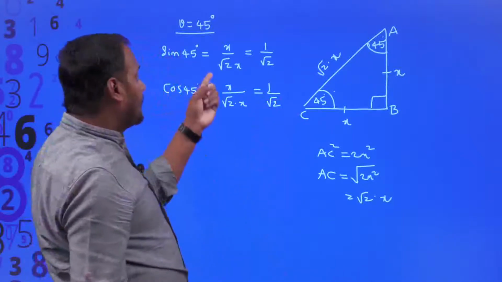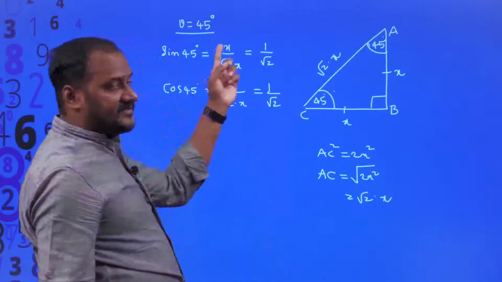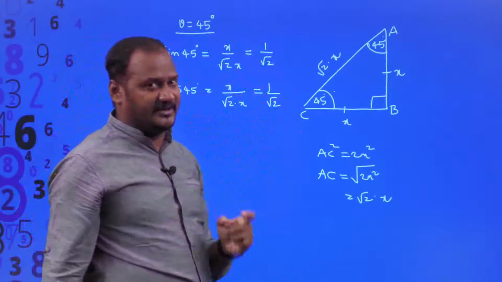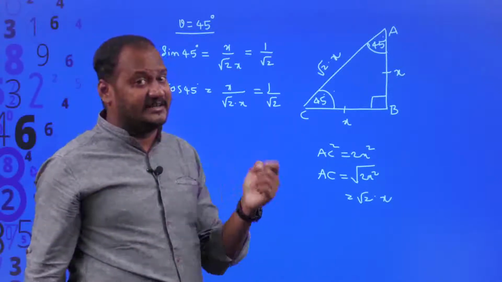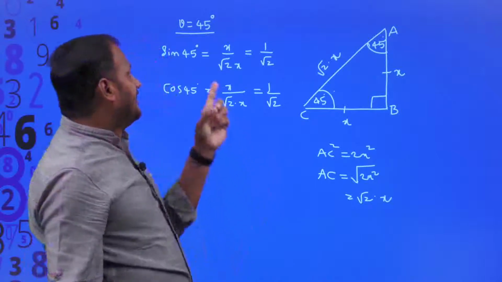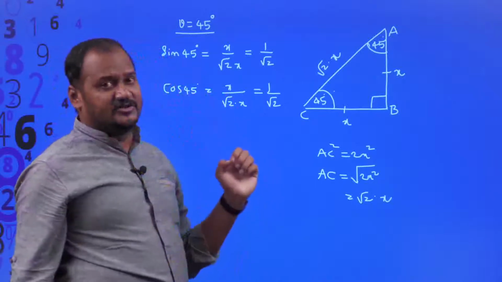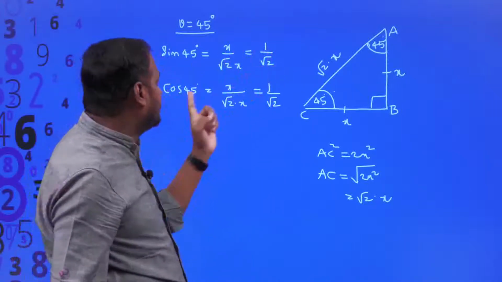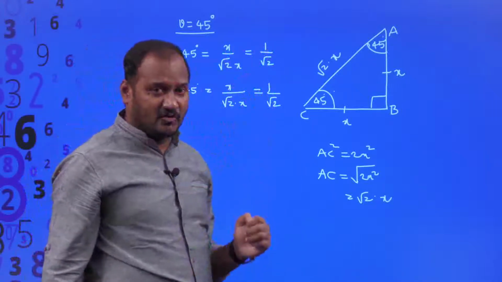So what we observed here is that the value of sin 45 is 1 by root 2, as well as cos 45 is also equal to 1 by root 2. We can understand a simple relation between sin and cos.